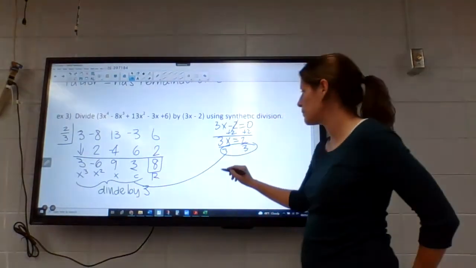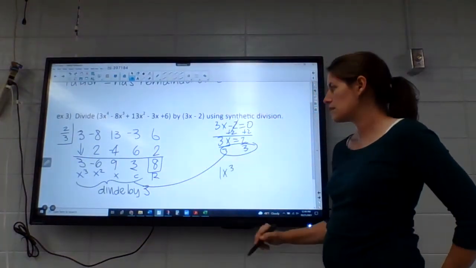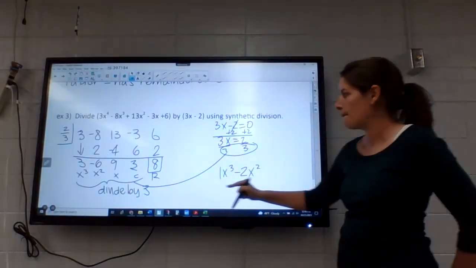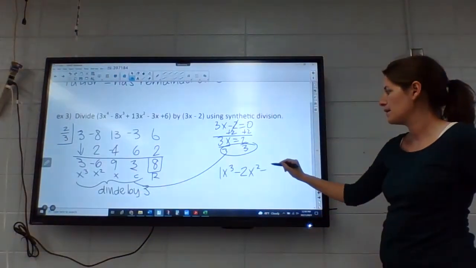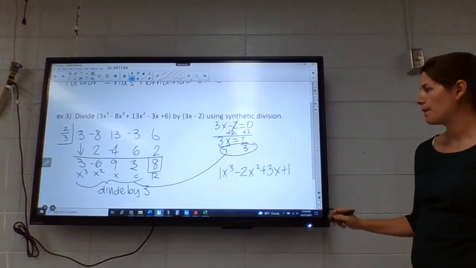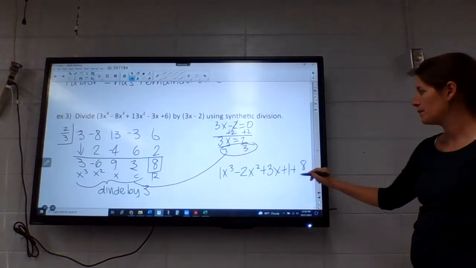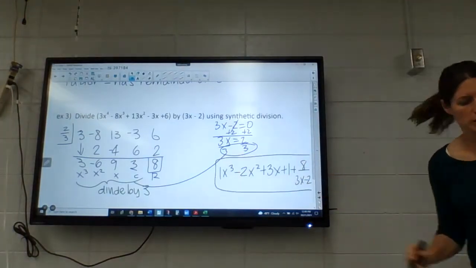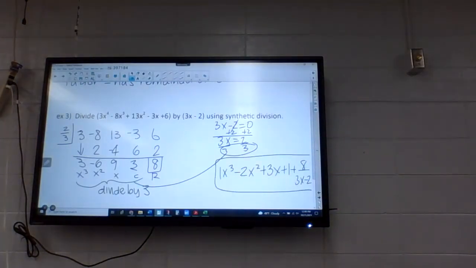So 3 divided by 3 would be 1, x to the third, negative 6 divided by 3, 9 divided by 3, and 3 divided by 3. However, I believe our remainder can just stay as it is.